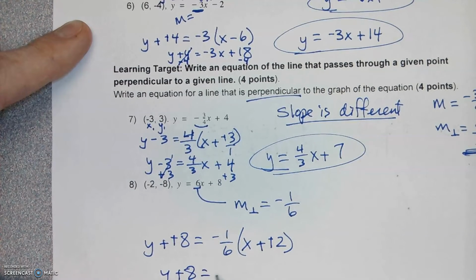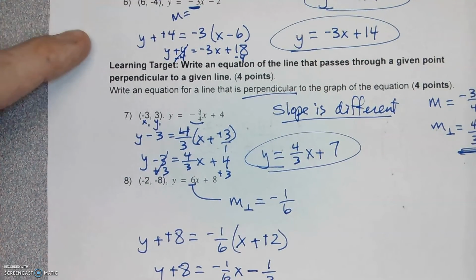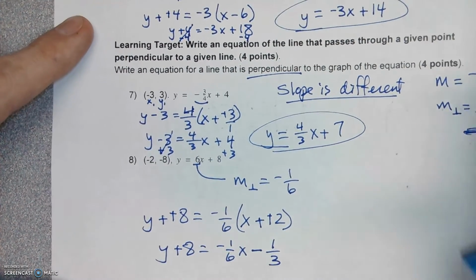So clean it up here. Y plus 8 equals negative 1/6 x minus, because negative times a positive gives you a negative, 2 divided by 6, or 2/6, does reduce. That fraction reduces to 1/3.